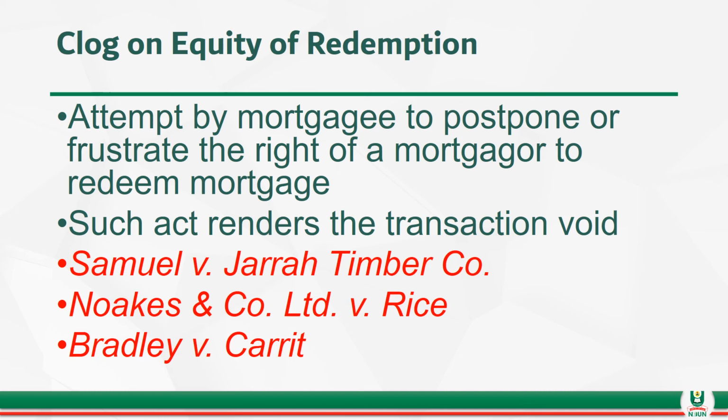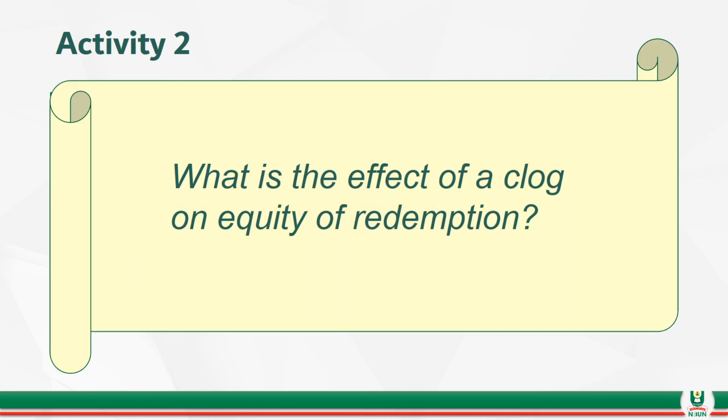It is not allowed in law for the mortgagee to put a clog on the mortgagor's equity of redemption. So to your second activity, what is the effect of a clog on the equity of redemption?